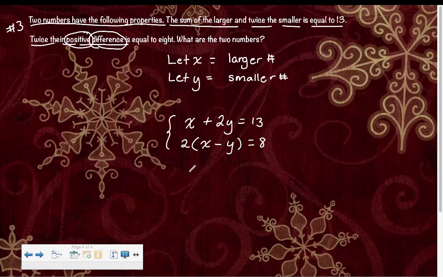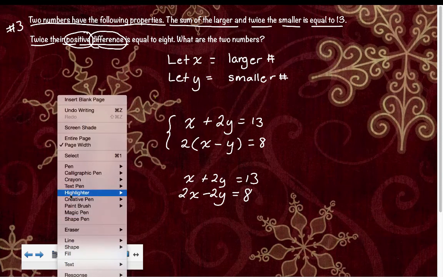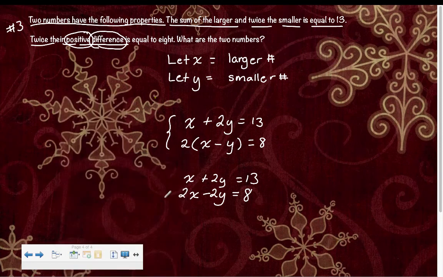All right, well, I see something I can do with this bottom equation. I can distribute the 2, and that's what I get. Now I'm going to rewrite my top equation, and I see something that's absolutely, positively lovely. I can eliminate right away by adding these two together, because right here I have the additive inverses of my y's.